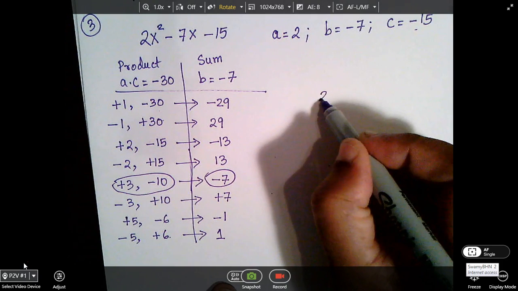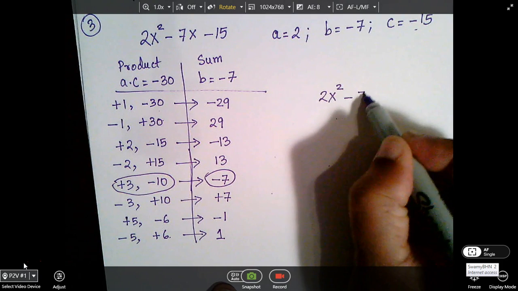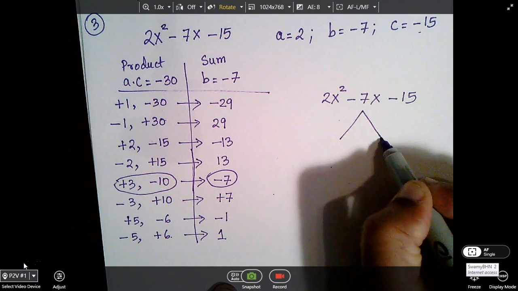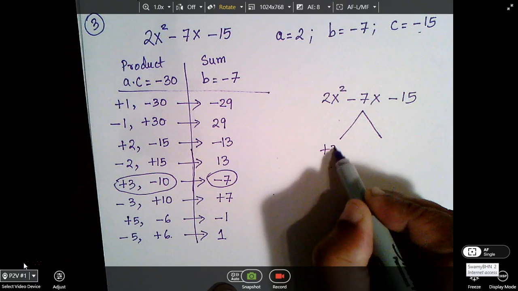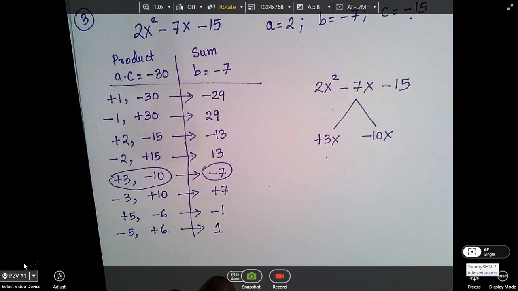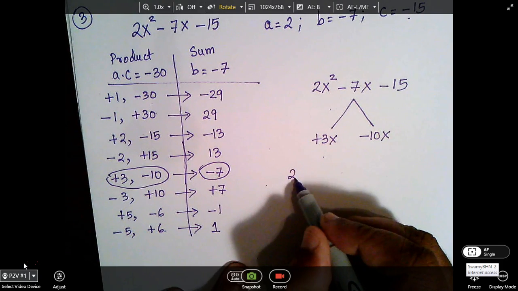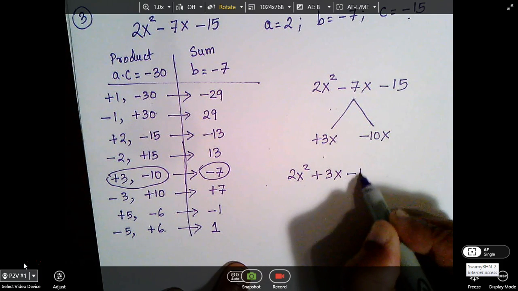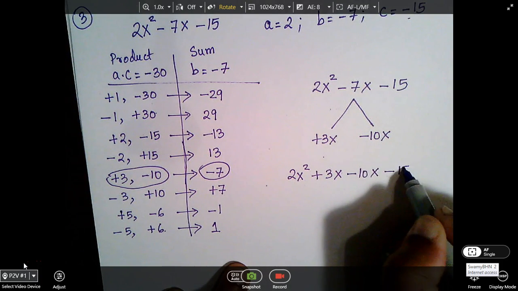So I have 2x squared minus 7x minus 15. I'm going to split it up as positive 3x and negative 10x. So let's go ahead: 2x squared plus 3x minus 10x minus 15.